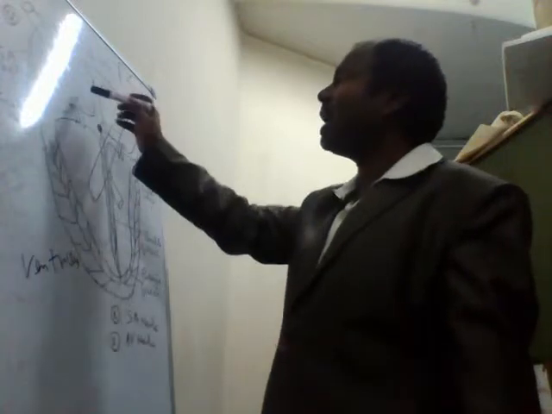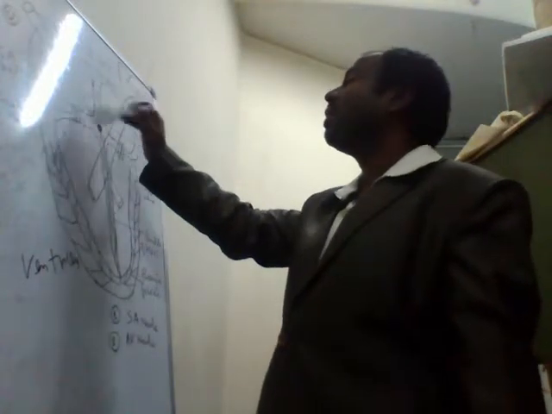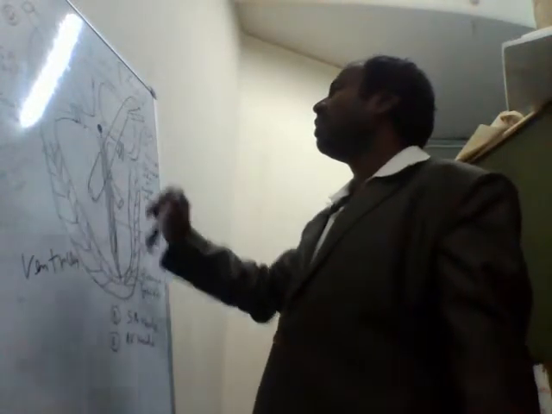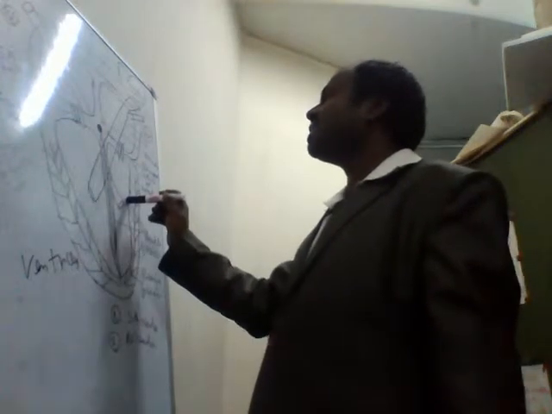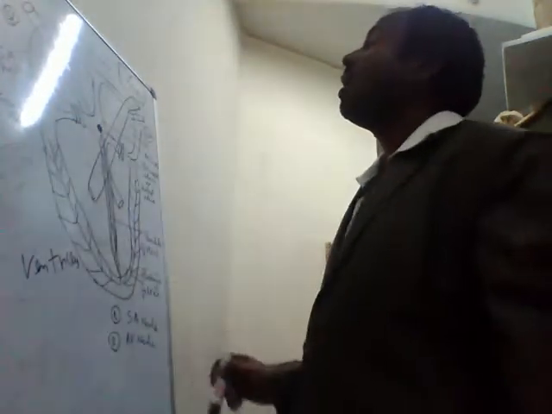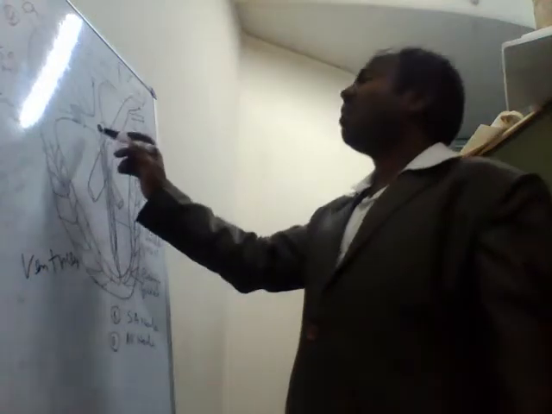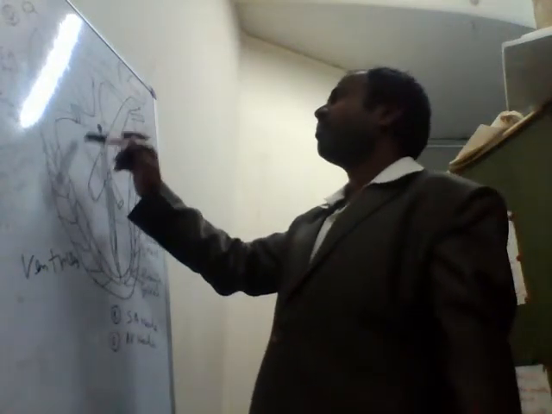Thus, the blood from the atrium is released into the ventricles through the mitral valve and tricuspid valve.